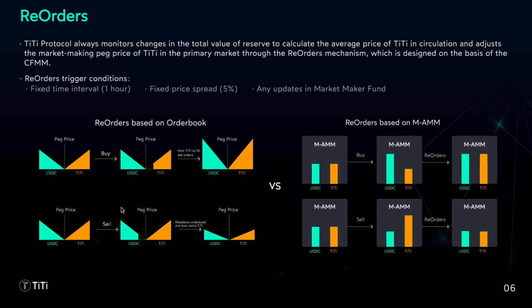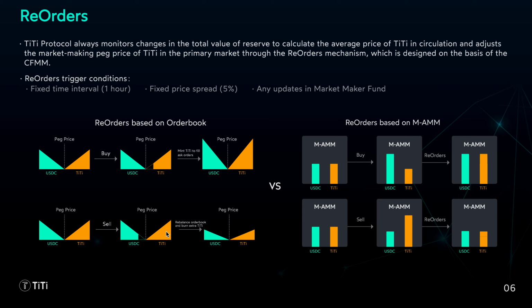But on the contrary, when the price of TiTi is less than $1, it will leave a gap here in the order book of the buying order. At this time, M-AMM buys back TiTi with the accumulated USDC in the previous market making cycle, and the market is in a contraction stage.